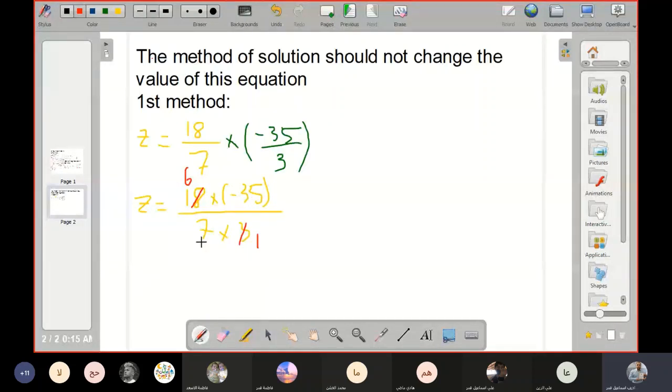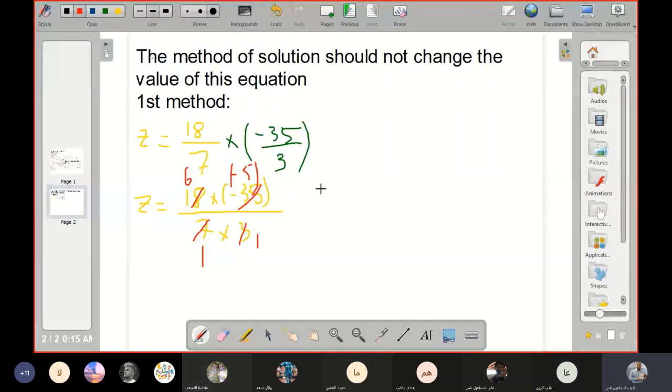I'm making it simpler to work. It's not necessary that you multiply them and get large numbers. We can simplify first. What is the greatest common divisor between 35 and 7? 7. 7 by 7 is 1, and 35 by 7 is 5. We keep the minus. The minus stays.